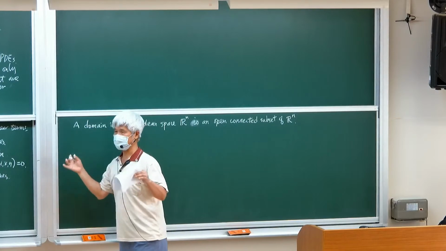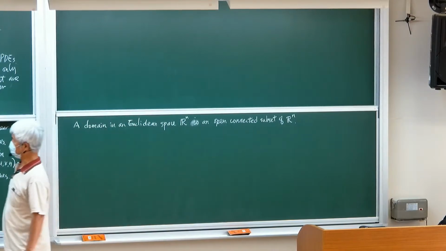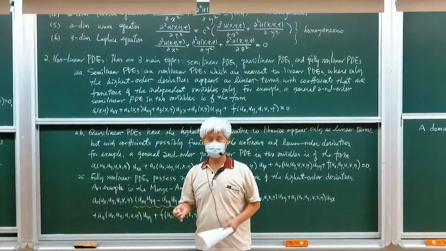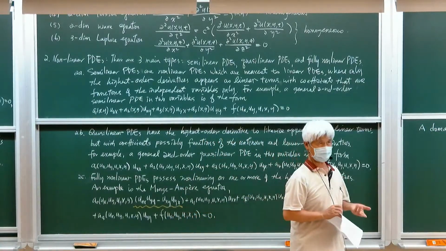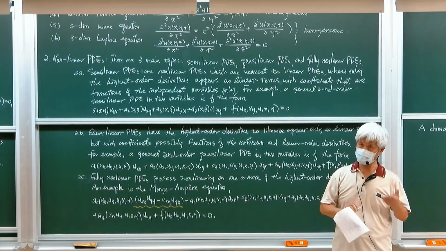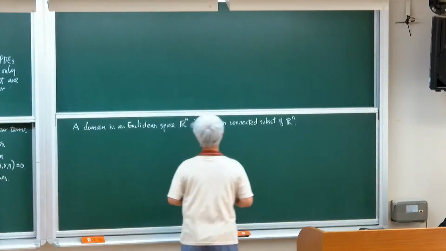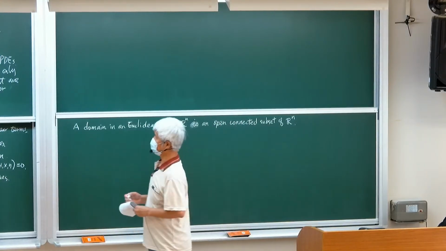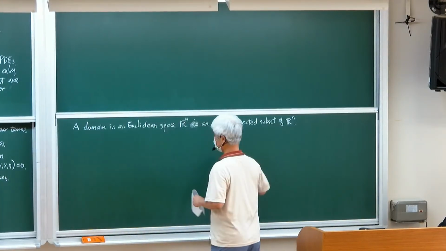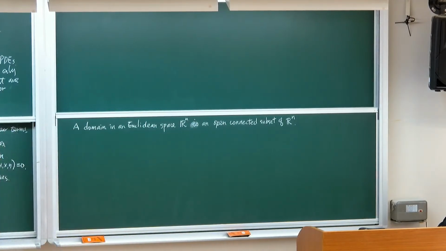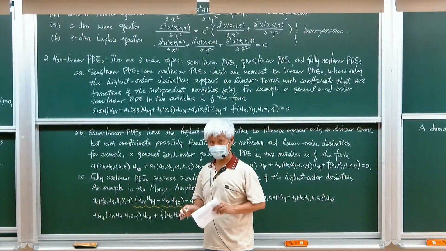So we will use the region, a domain. Domain, because we are talking about maybe one-dimensional or two-dimensional space or even three-dimensional space. And so we will specify the subset in the Euclidean space for all the points where the differential equation is satisfied.